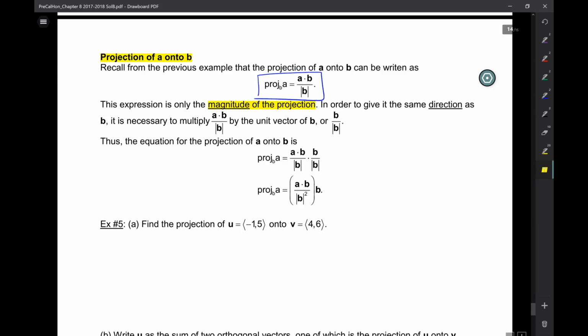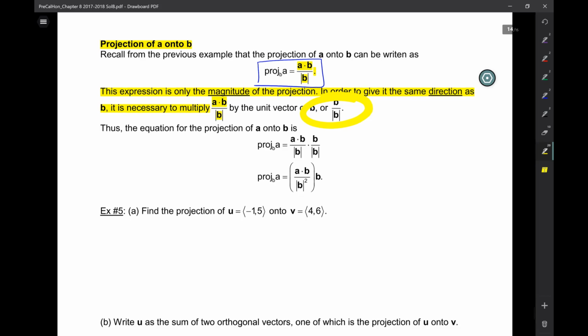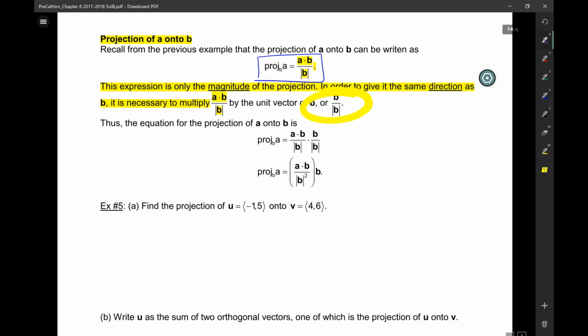We're going to take this and we have to multiply it by the unit vector of B. Is it making sense? We have to multiply it by the unit vector of B. Okay, so now take a look at what we just did. This was the magnitude of the projection. This was the magnitude of the projection. This is the unit vector.